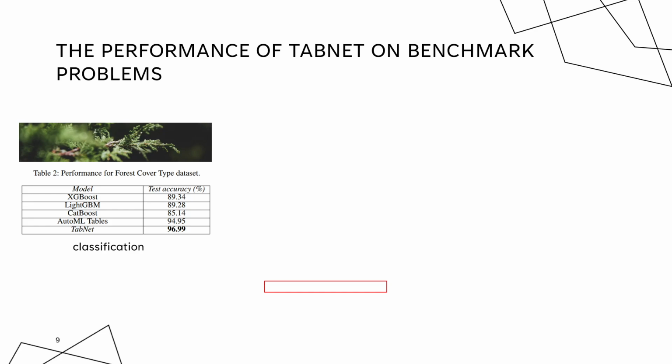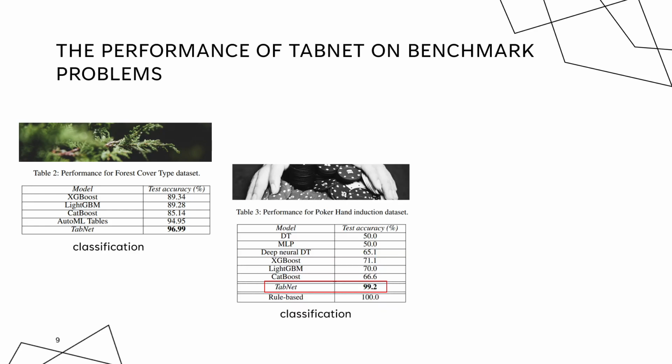The authors tested the model on various benchmark datasets, such as the forest cover type dataset, which is a classification task, and they beat other state-of-the-art models. The poker hand induction dataset is mostly interesting because not only did it beat the previous results, it obliterated them.